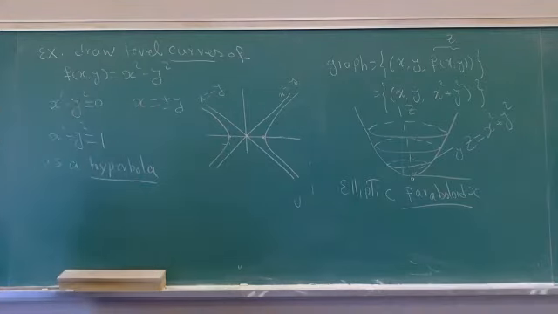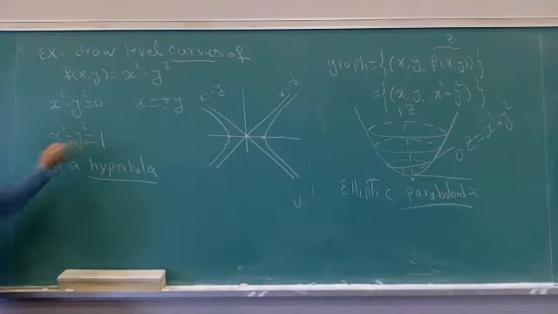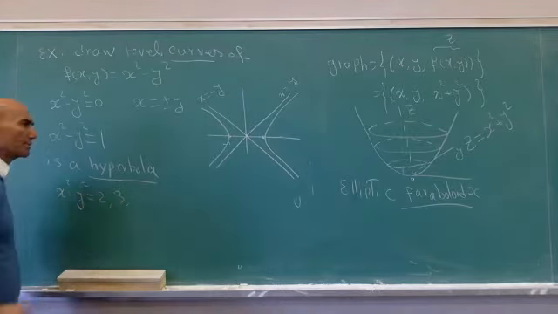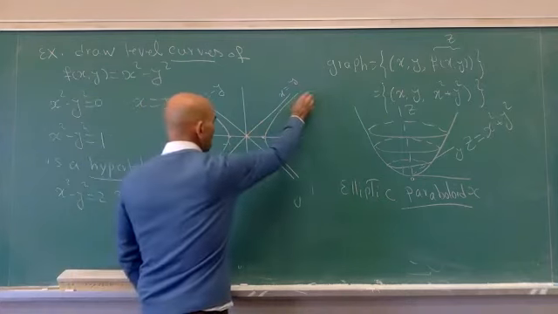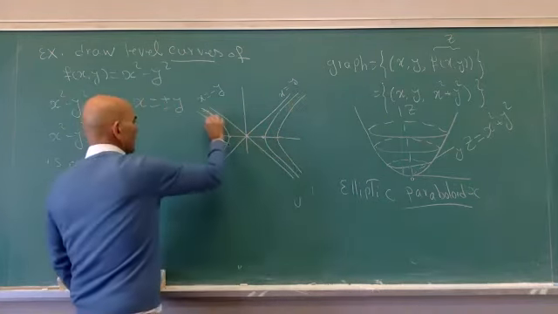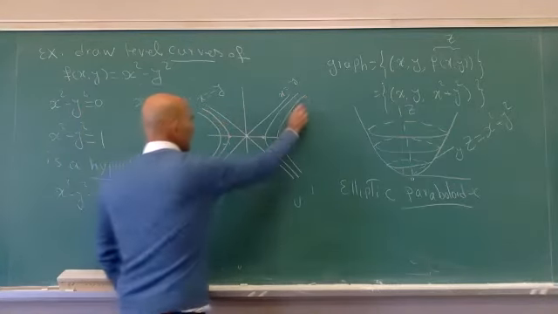So that's it. So you can draw x² minus y² equal to 2, 3, etc. And then you get different hyperbolas like this.